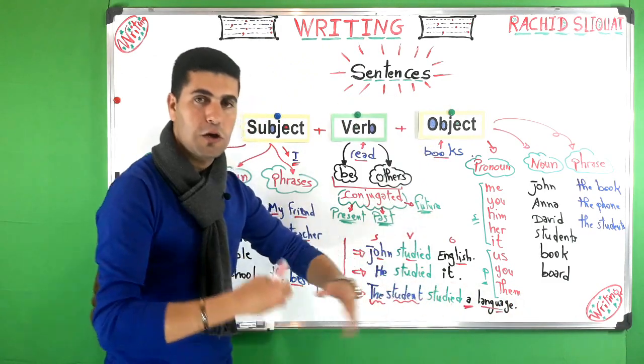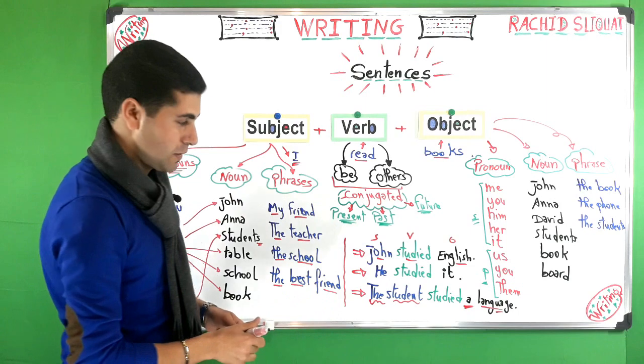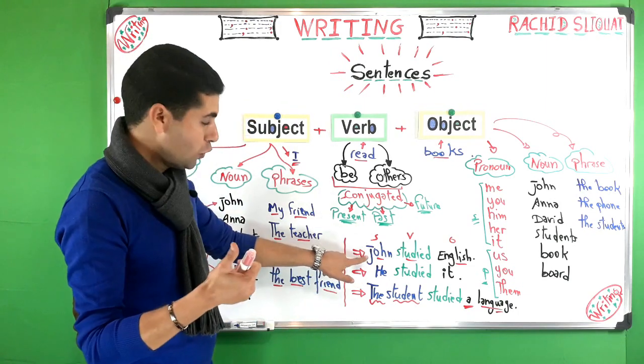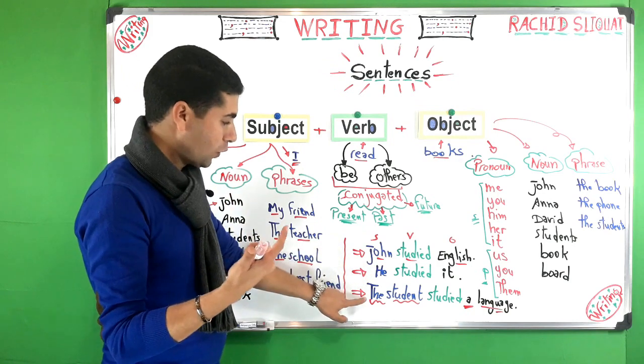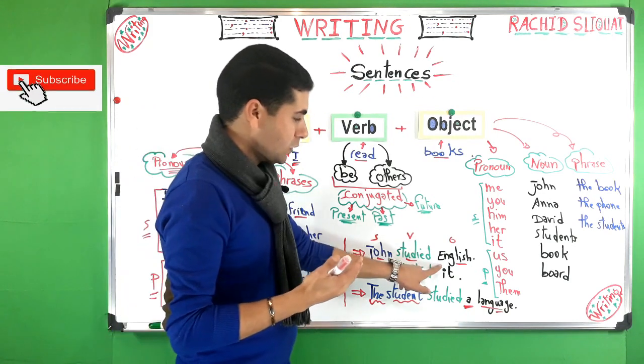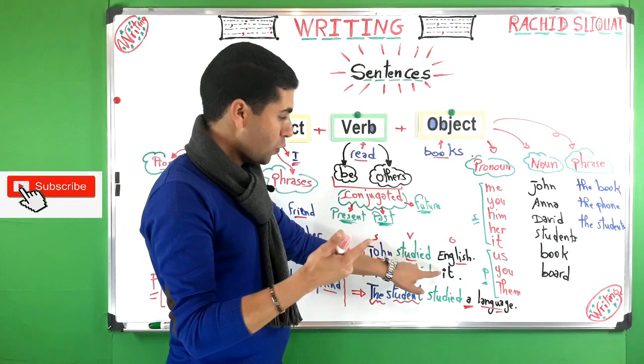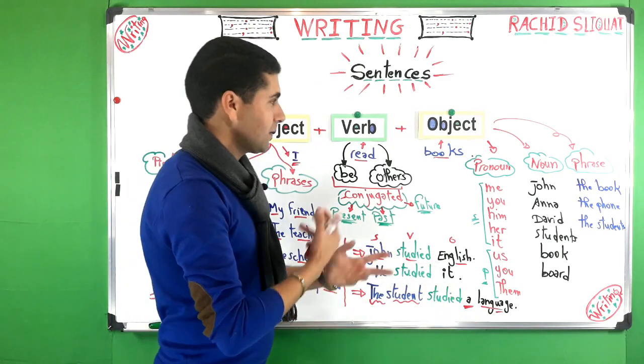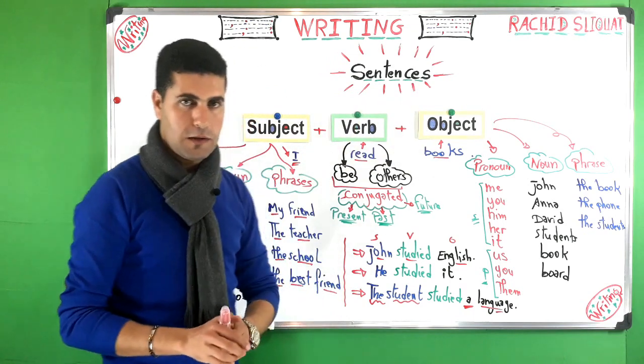So one sentence, we can write it in different ways. The subject can be a noun or a pronoun or a phrase. Here again, the object can be either a noun or a pronoun or a phrase. So this is how we can write sentences using these components.